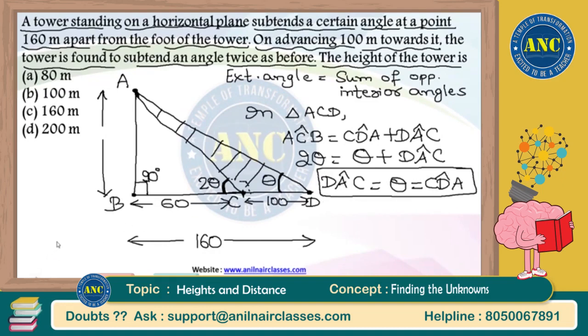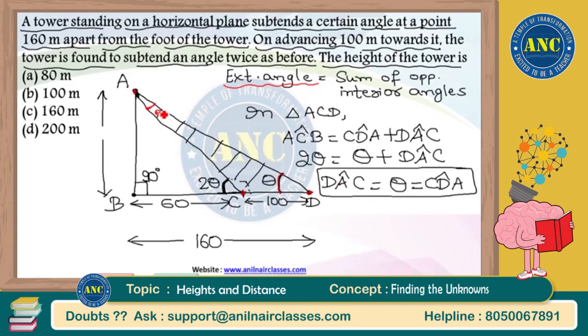That means this particular angle DAC is also theta. I hope the angle finding is very, very clear for you. That is the reason I used this exterior angle property. What is the meaning of this angle being also theta?